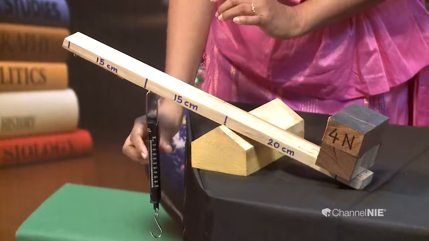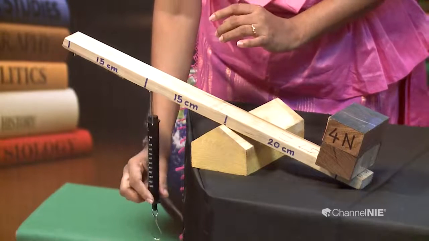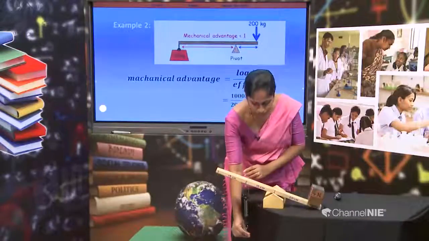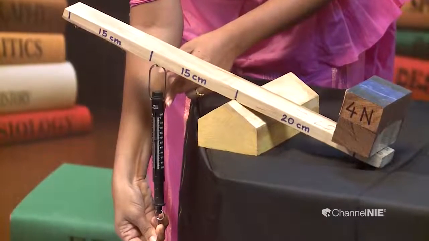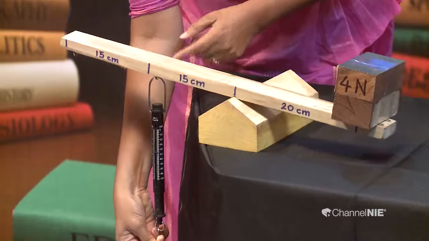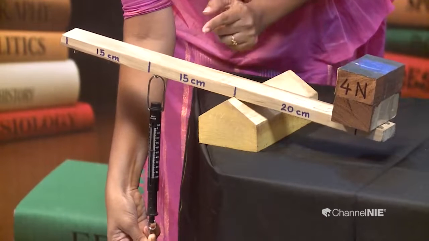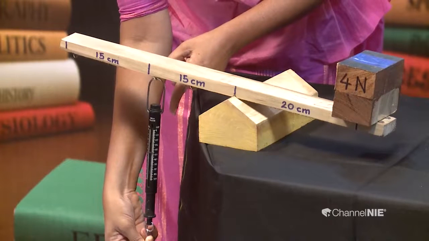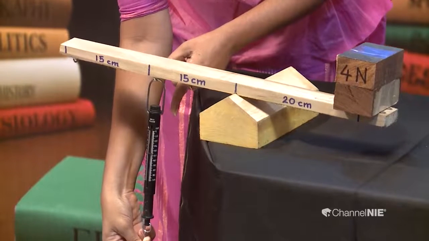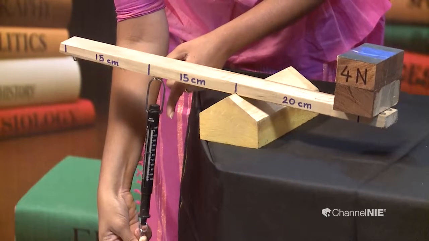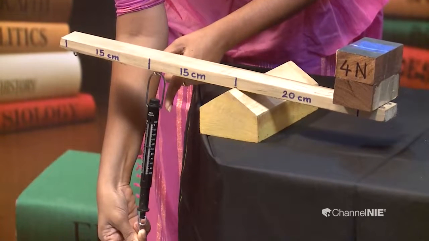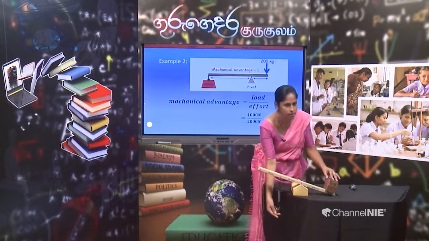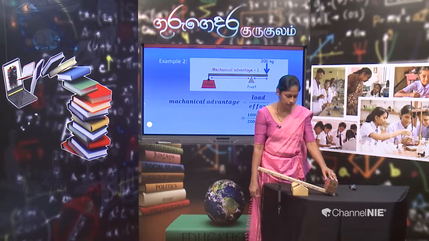I exert the force from this point through the spring balance and try to lift the weight. You can see much greater force has to be exerted this time, that is 4.5 Newton. It is greater than the weight of the load.